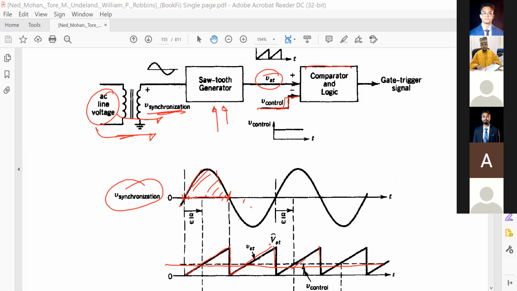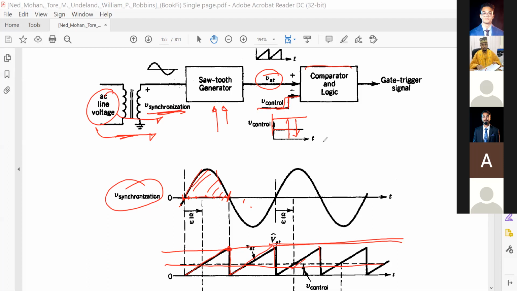You can move this control voltage here, or come back here. Suppose you are at the peak, and it touches here, so you get a gate pulse. Where you are touching, you will get that gate pulse.